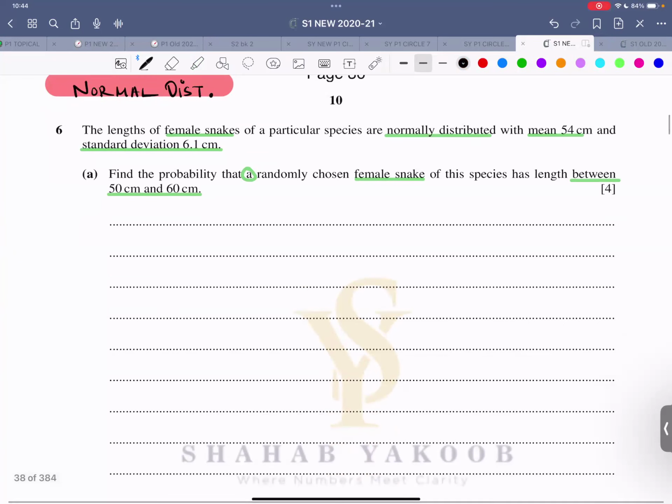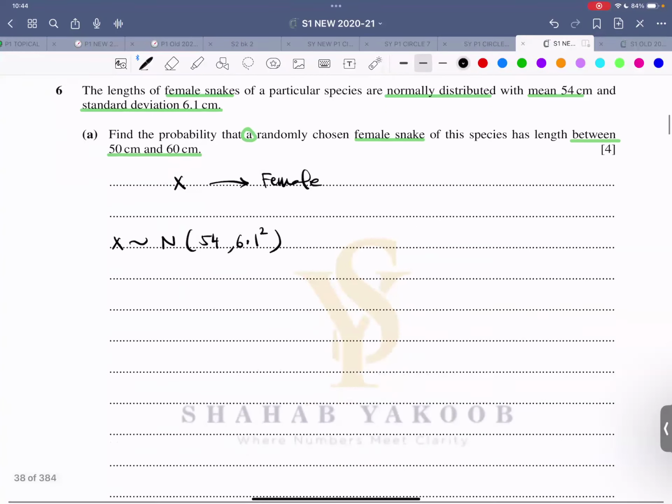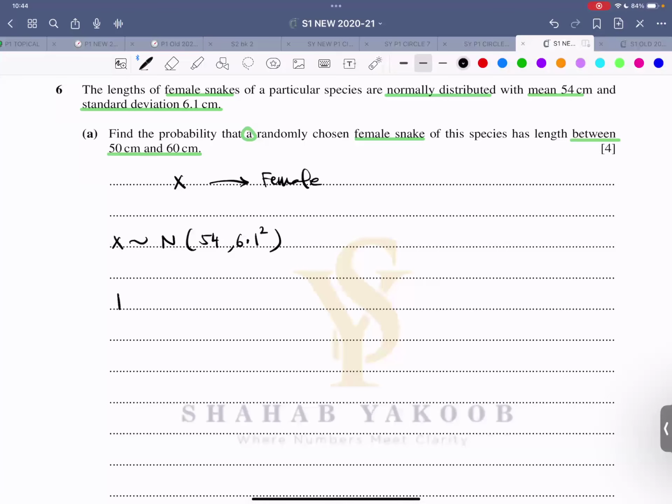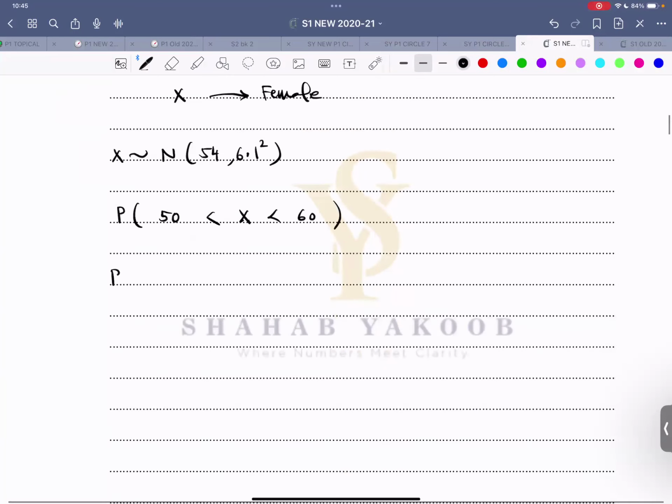So I'll write, let me use the symbol X for female snakes. X follows a normal distribution 54, 6.1 squared. We are looking for the probability X lies between two values. One is 50, the other one is 60. Standardize.